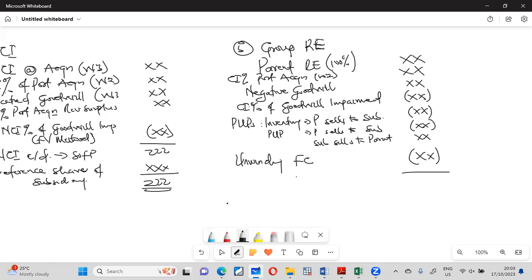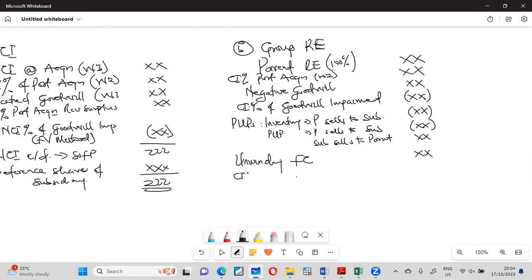Of course, you can also decide to bring in here CI share of revaluation surplus. Okay, so you can add it here. If there is revaluation surplus, the parent share of revaluation surplus before the unwinding comes. Or let's just do the unwinding. And let's say if there is a post-acquisition revaluation surplus, the part that will go to the parent.